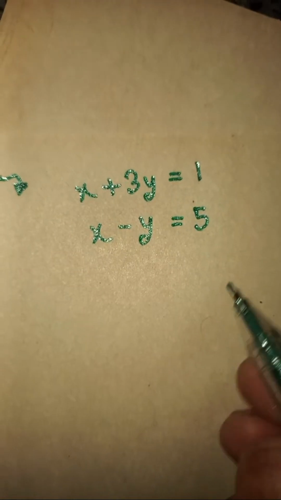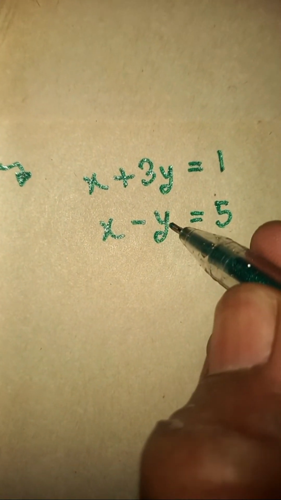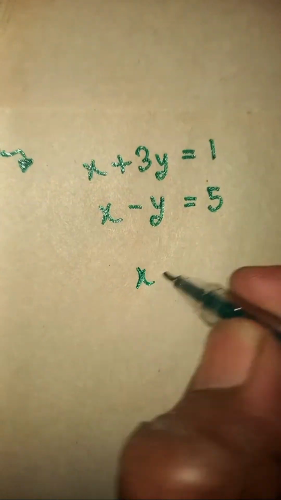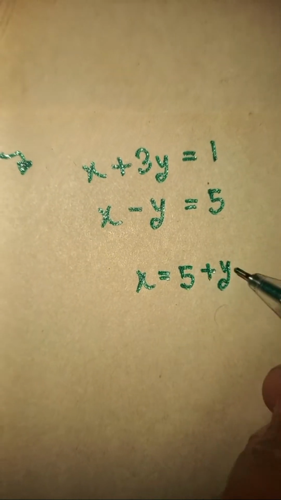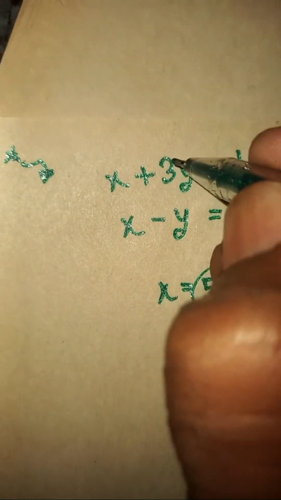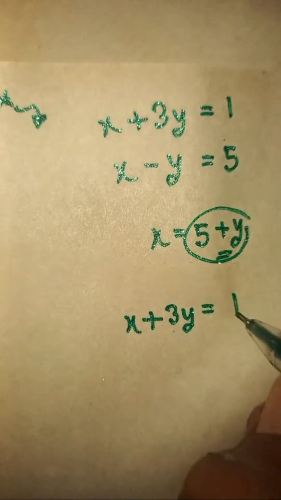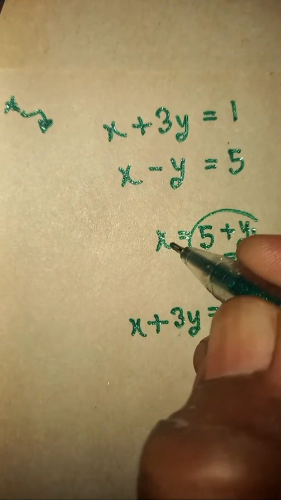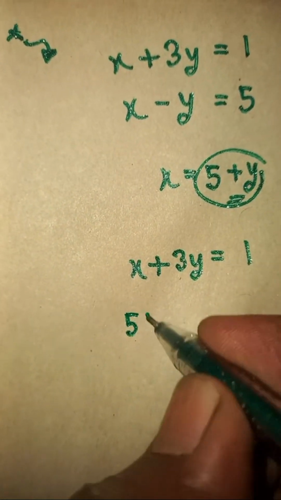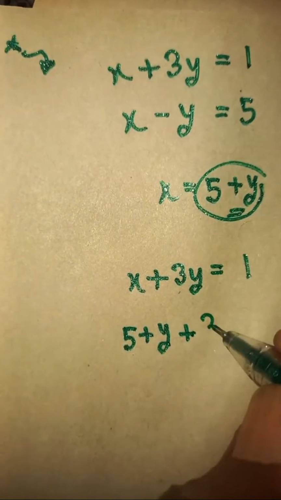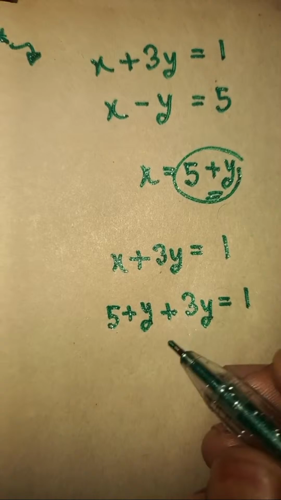Let's take the second equation and send the minus 5 to that side, so x becomes equal to 5 plus y. You can plug this into the first equation, x plus 3y equal to 1. Plug in the value of x, that is 5 plus y. You get 5 plus y plus 3y equal to 1. Now y plus 3y is 4y.